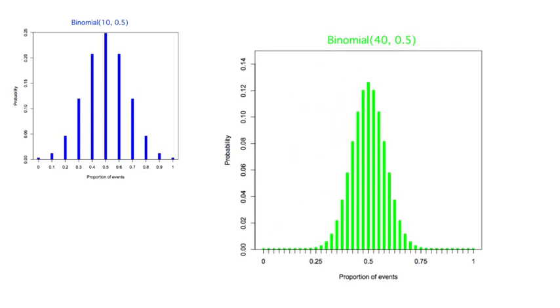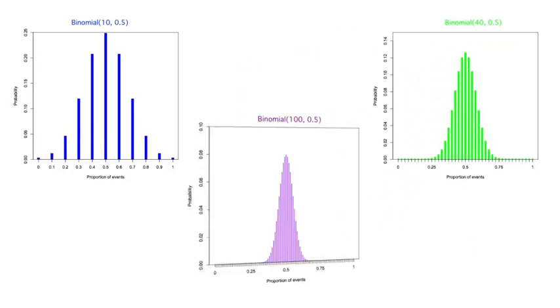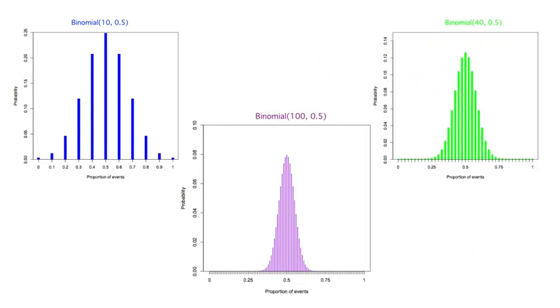Increasing the sample size to 40, or 4 times as large, cuts the standard deviation in half, since the standard deviation changes with root n. That gives us this distribution, still centered at 0.5, but more tightly clustered around it because of the smaller standard deviation. And increasing the sample size to 100 gives us this sampling distribution, even more tightly clustered around 0.5.